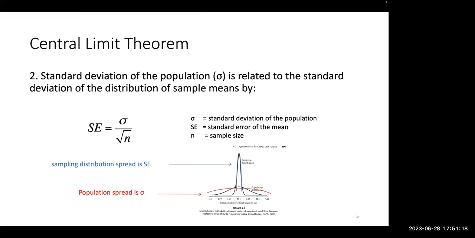And if your sample is larger, then this denominator will get larger. Thereby, your resulting variability of those mean estimates is going to be smaller. Because the larger your sample, the more likely your mean in the sample will reflect the mean in the population. That's the simple principle of the central limit theorem.